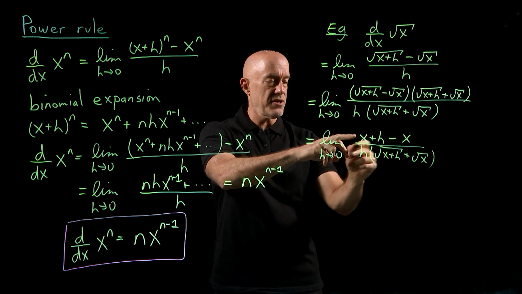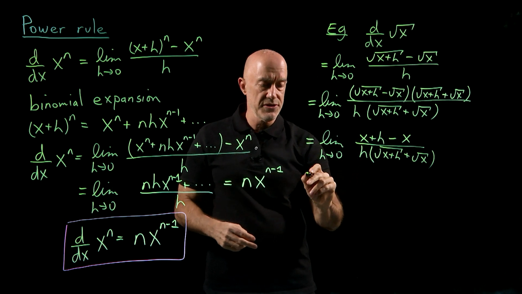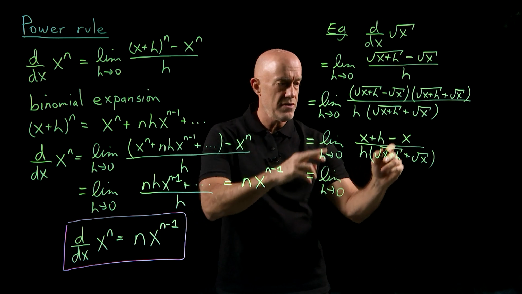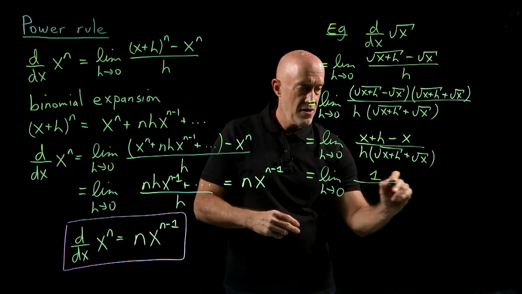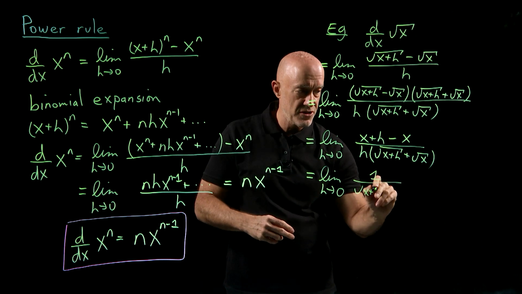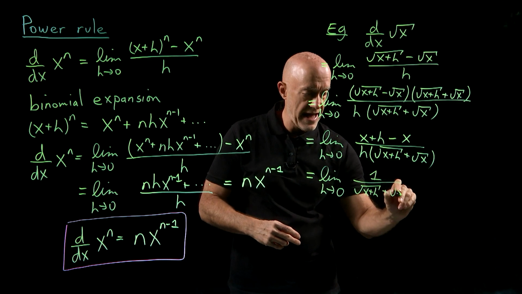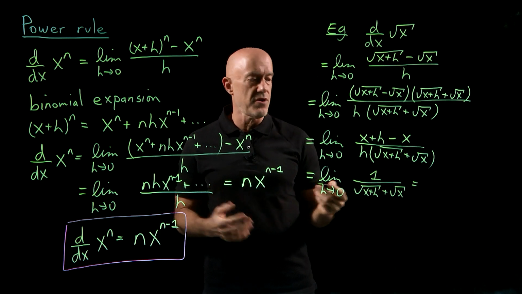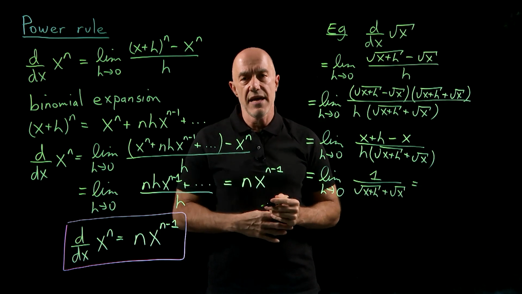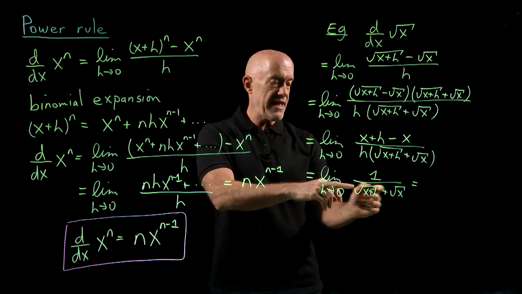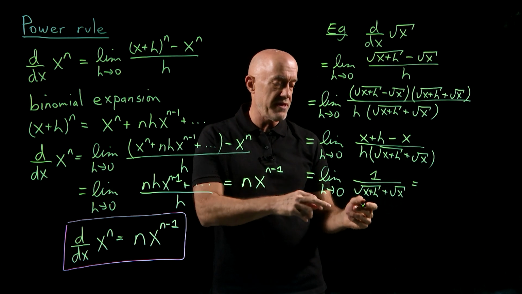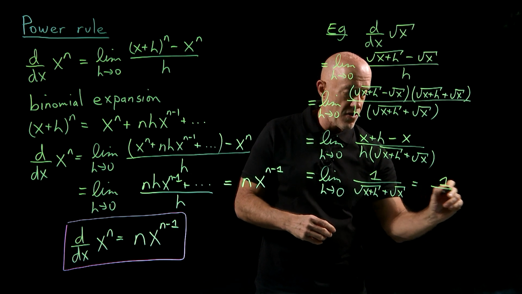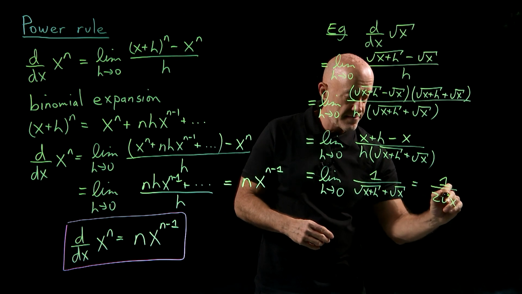Okay, the x cancels, the h cancels, so that becomes the limit as h goes to 0 of 1 over root (x plus h) plus root x. And then we can just set h equal to 0 here because we no longer have a 0 over 0. So the denominator becomes square root of x plus square root of x. So that becomes 1 over 2 root x.